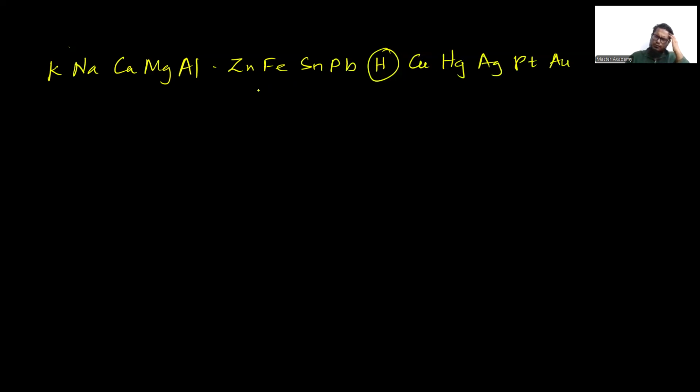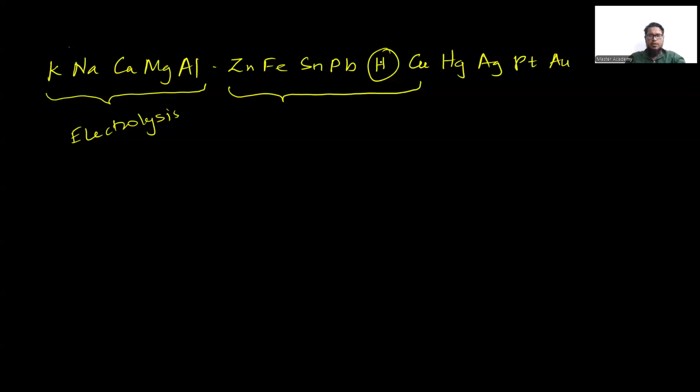Okay, I have explained everything related to this in our theory classes. I hope you all can remember. The extraction method of the first few elements is the electrolysis method. The extraction method of the next few elements: hydrogen is a non-metal, why is it there? There is a big reason for that, and we have discussed it.